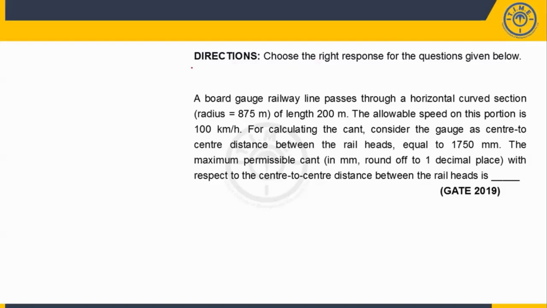What is the data given in the question? A broad gauge. Listen, we have three gauges in railways: broad gauge, meter gauge, narrow gauge. Broad gauge means G is equal to 1.676 meter.